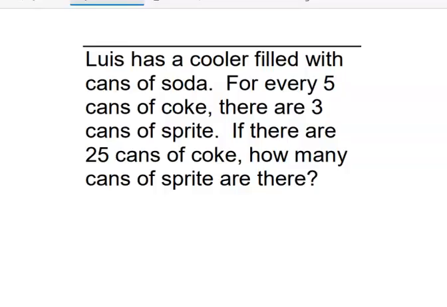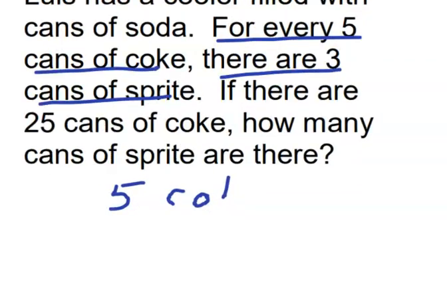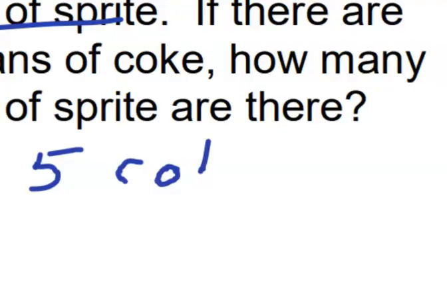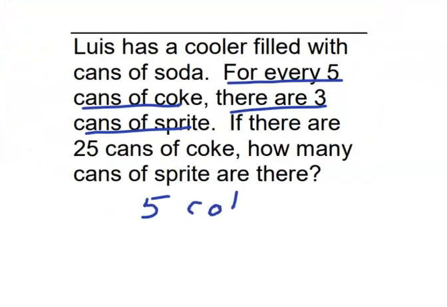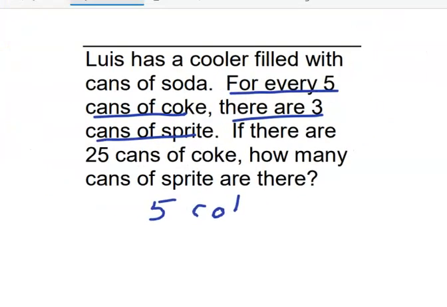Okay, so Luis has a cooler filled with cans of soda. For every 5 cans of Coke, there are 3 cans of Sprite. Okay, so we're going to have 5 Coke, and then 3 Sprite.